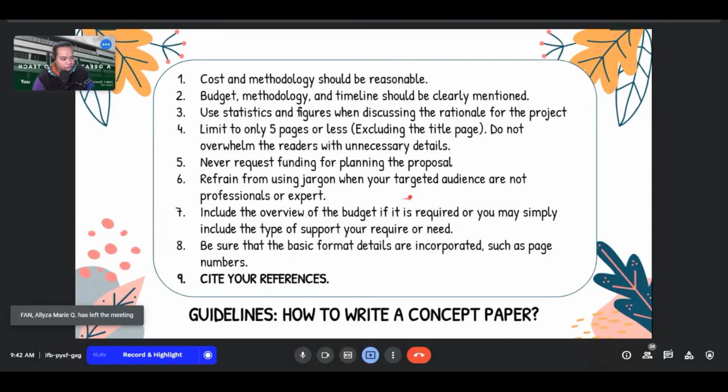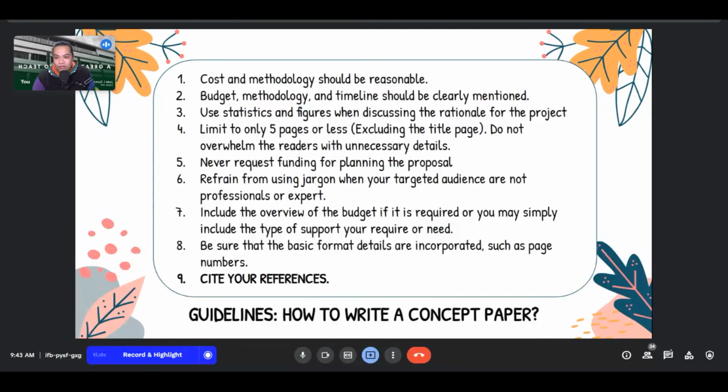Next, include the overview of the budget if it is required, or you may simply include the type of support you require or need. Minsan, hindi nyo kailangan ng budget. For example, if the concept paper is purely a research project, you may say that you don't really need money, but you do need internet connection.